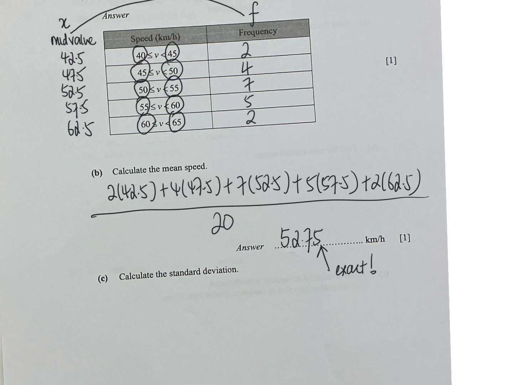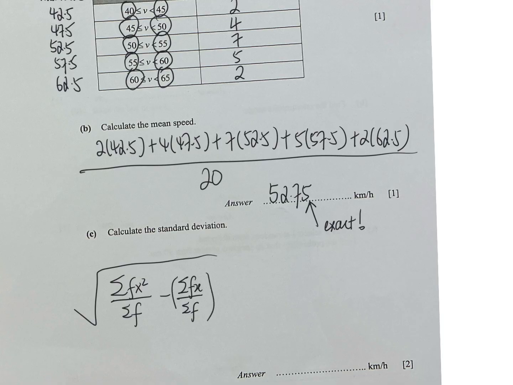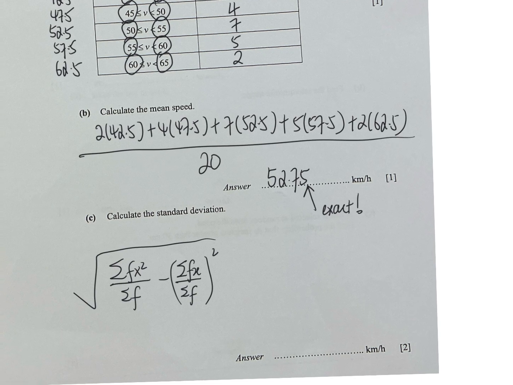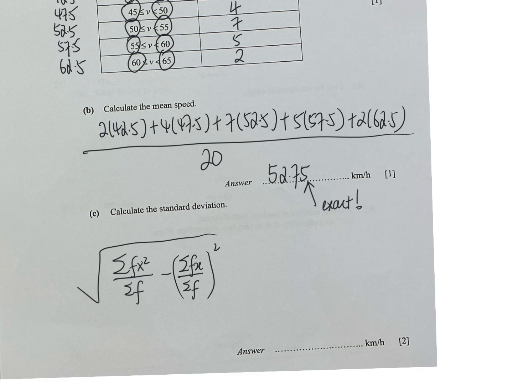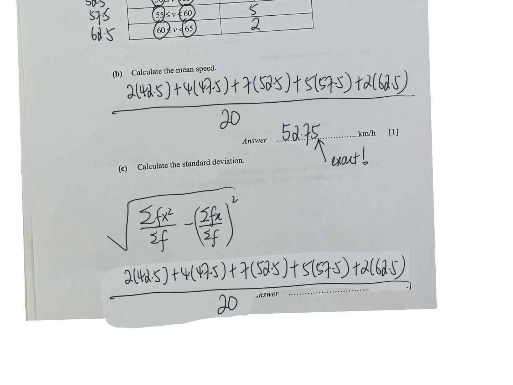Okay, then if you are using formula on the first page, they give you this. You must know what it means. Okay, listen. If you are using this formula, can you please take note?